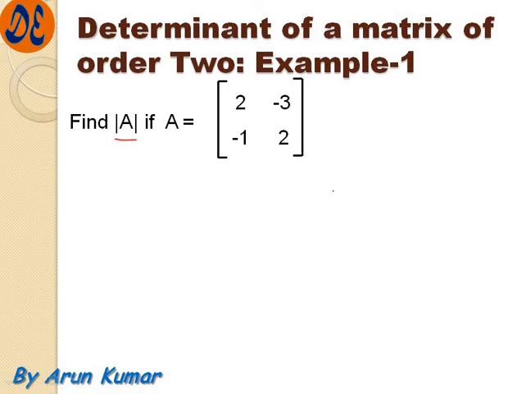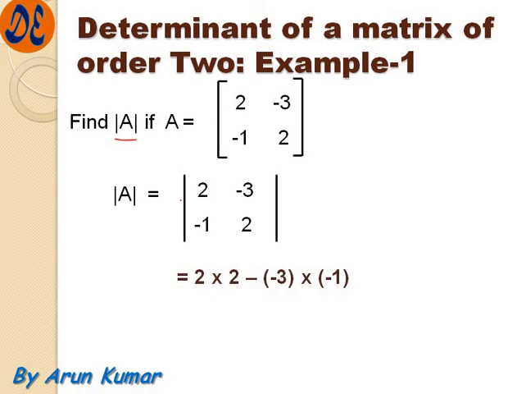Now we have been given a matrix A. So determinant of A will be just this representation of the matrix as a determinant, and see, this one multiplied, minus this one multiplied.